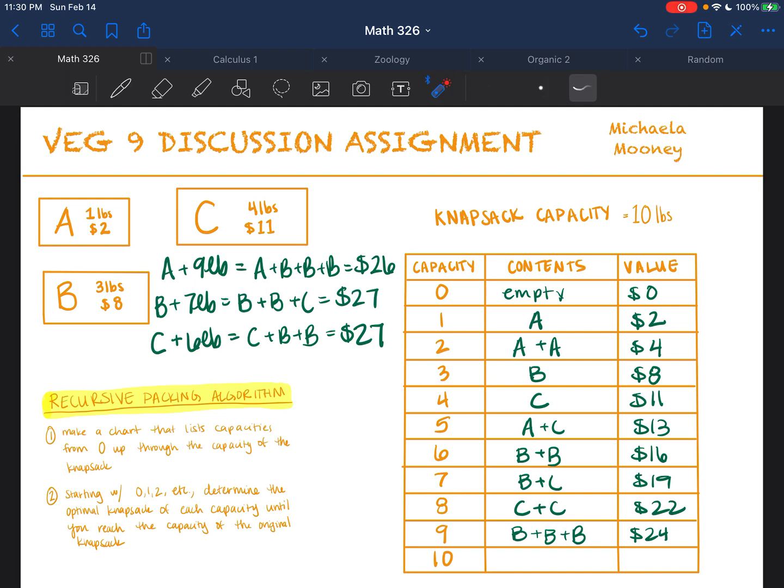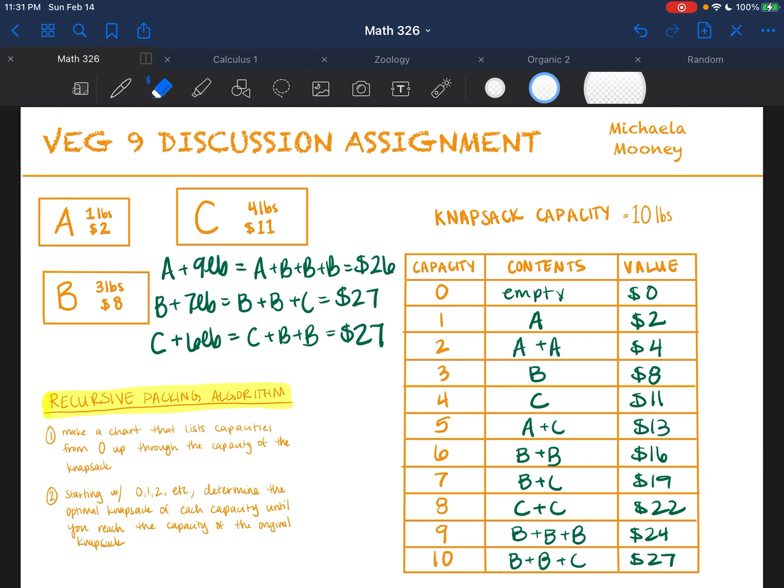So we're looking for the highest value, and that would be these two right here. As you can see, they are the same exact thing, just in different order, so it doesn't matter which one we pick. Let's just go ahead and write B plus C at $27.